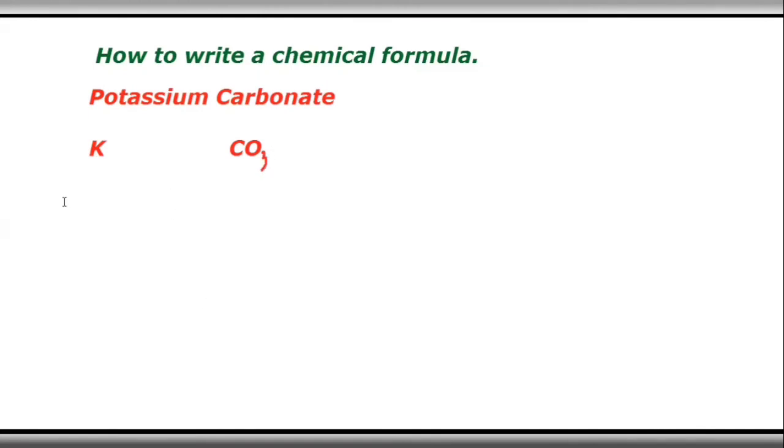The valency of potassium is 1, and the valency of carbonate, CO3, is 2. These 1 and 2 don't have any common factor. Remember once again, potassium is a metal, so we need to write the metal K first, then carbonate CO3 second. Now crisscrossing.